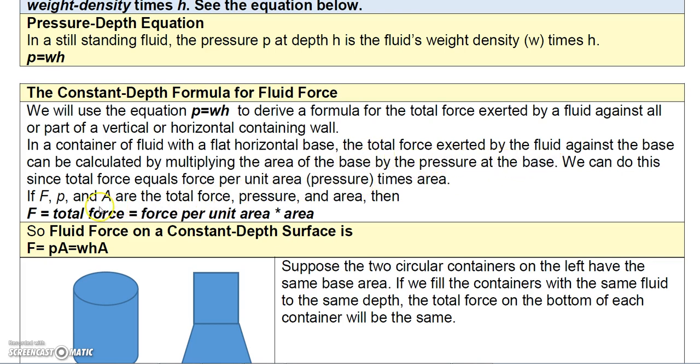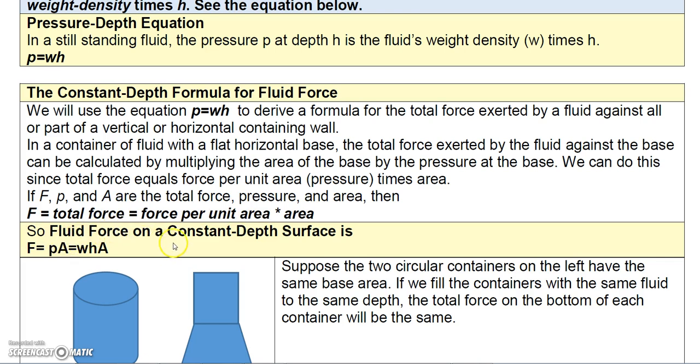And so we can do this since the total force equals the force per unit area times area. So if F, P, and A, where F is the total force, P is the pressure, and A is the area, then the force is equal to the force per unit area times the area of that particular wall.